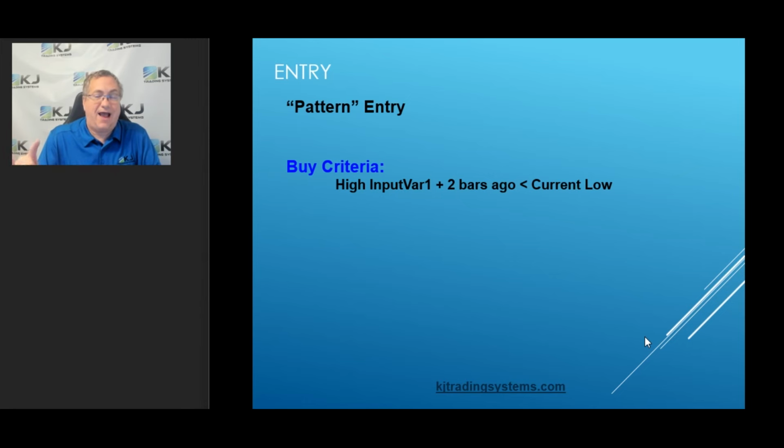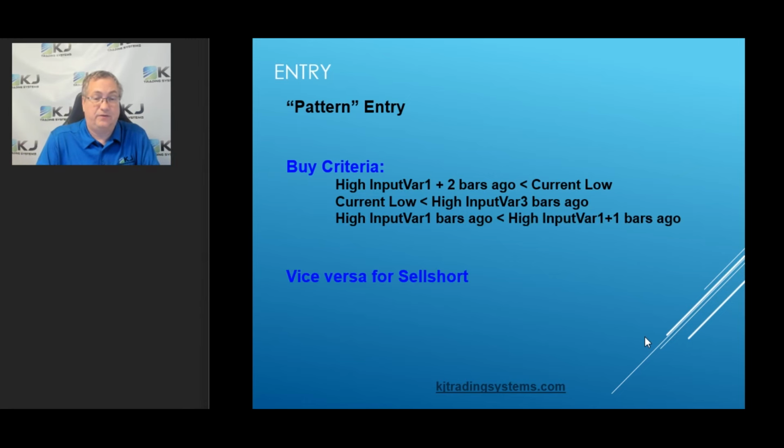I'm taking the high of input var1 plus 2 bars ago, and if that's below the current low, and the current low is also less than the high of input var1 plus 3 bars ago, so you can see the current low is sandwiched between these two values, and the high is less than the high of input var1 plus 1 bar ago, then you buy, and you do the opposite to sell short.